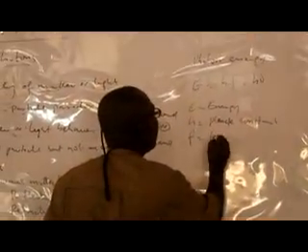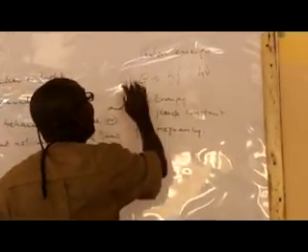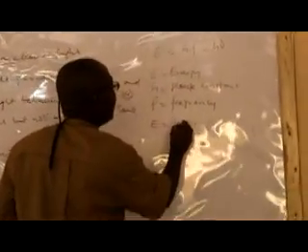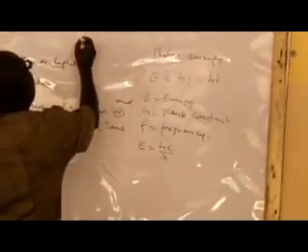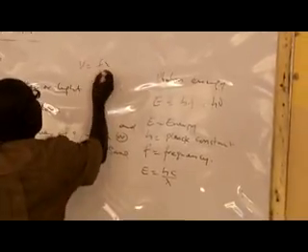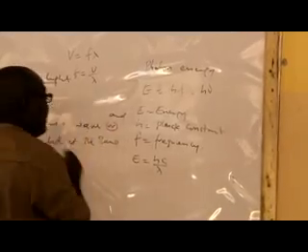Where f is equal to frequency. This equation can also be written like this: E is equal to hc over lambda. Because in classical physics, v is equal to f lambda, which means that f is equal to v over lambda.